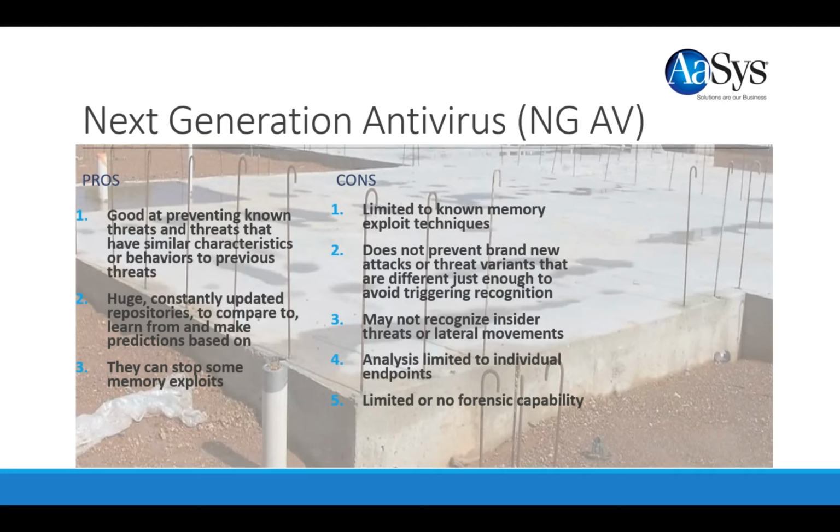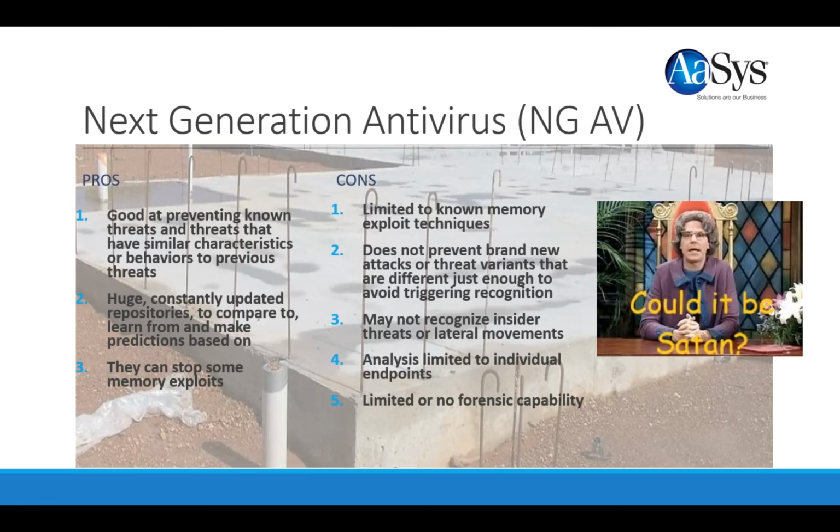And once you've had a breach, the ability to determine where and how it happened is critical to preventing its return. For example, you need to be able to answer, who was it? Was it an insider? Did they leave a back door? Or is our network just possessed? Next gen antivirus won't help you answer any of those questions.